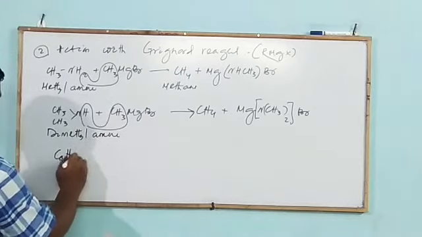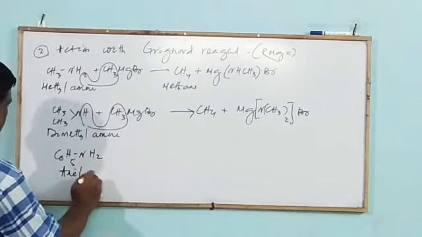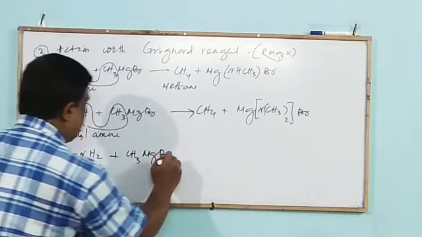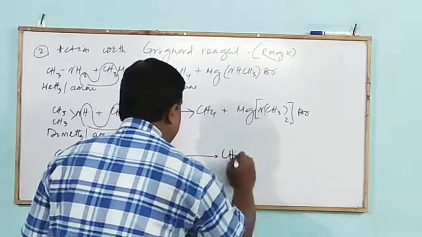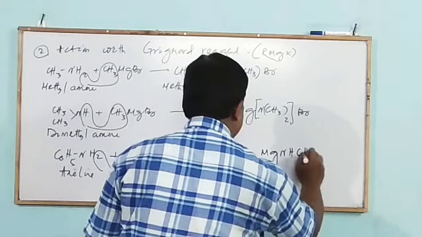Similarly, if we select aniline and react it with methyl magnesium bromide, what happens? It forms CH4 plus MgNHC6H5.